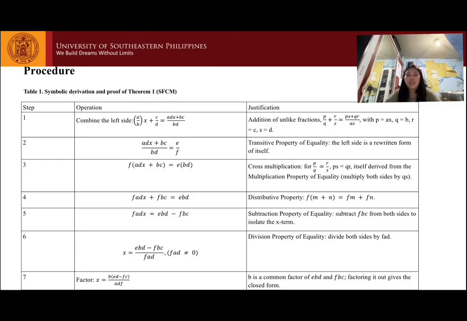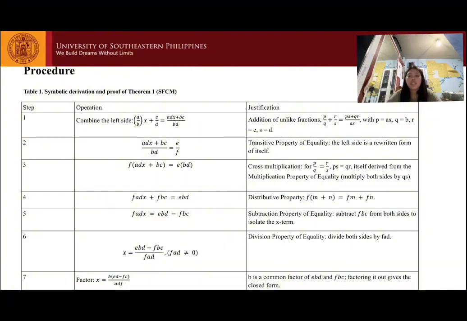For step 5, we collect the variable terms. Once the equation is expanded, we isolate the variable by moving all x terms to one side and the constant terms to the other. This uses the subtraction property of equality, which allows us to subtract the same quantity from both sides without changing the equality.